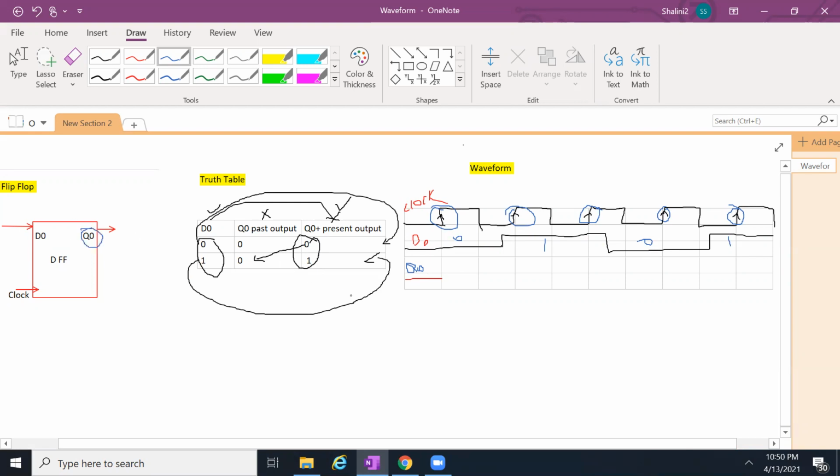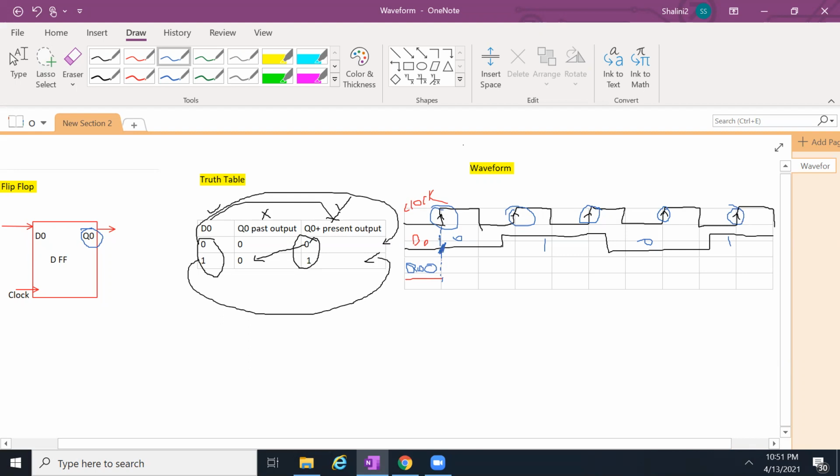The initial value I considered for Q0 is 0. At this positive edge of the clock, we need to check the D0 input value. What is the value present in D0?